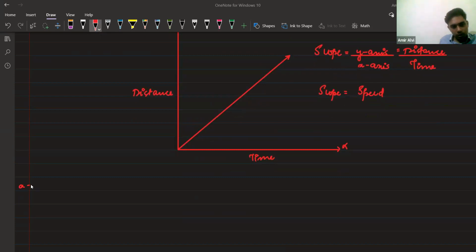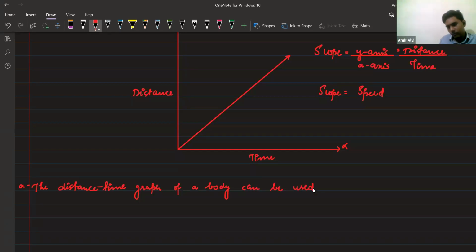The distance time graph of a body can be used to calculate the speed of the body.